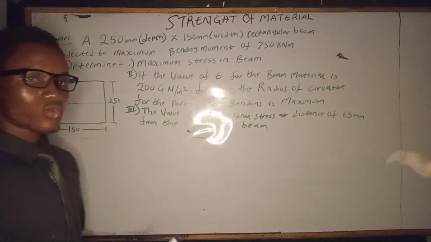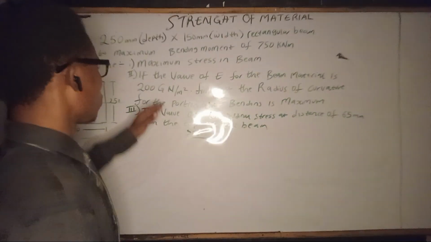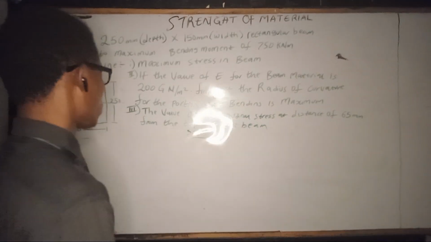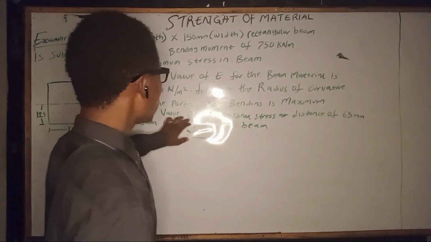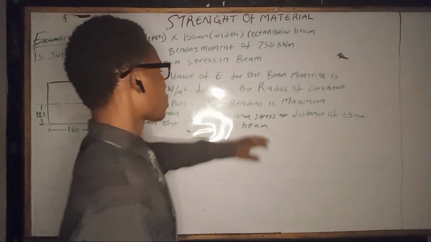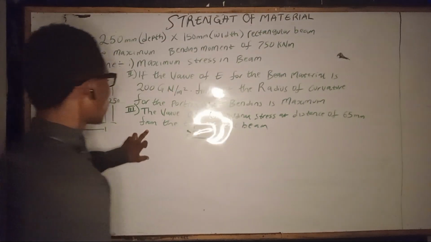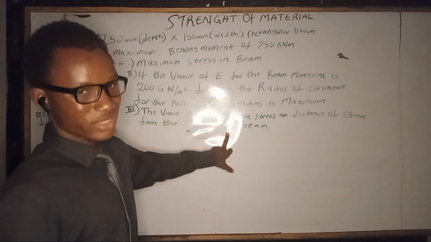And now for the third question, we have to visualize this in order for us to understand how we are going to solve the question. So now it says the value of longitudinal stress, which is tensile stress, at a distance of 65 millimeter from the top of the beam.